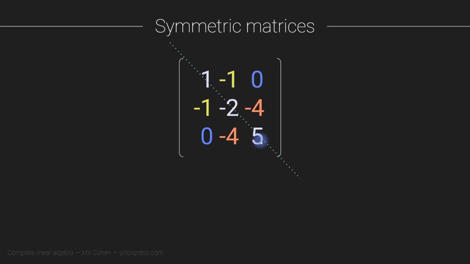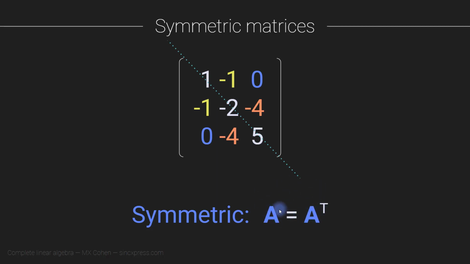So now that you know about the transpose operation, we can actually come back and revisit this special type of matrix called a symmetric matrix. Now remember, I said that a symmetric matrix is mirrored across the diagonal. Now it turns out that what is special about a symmetric matrix is that the matrix equals its transpose. This is a really unique property.